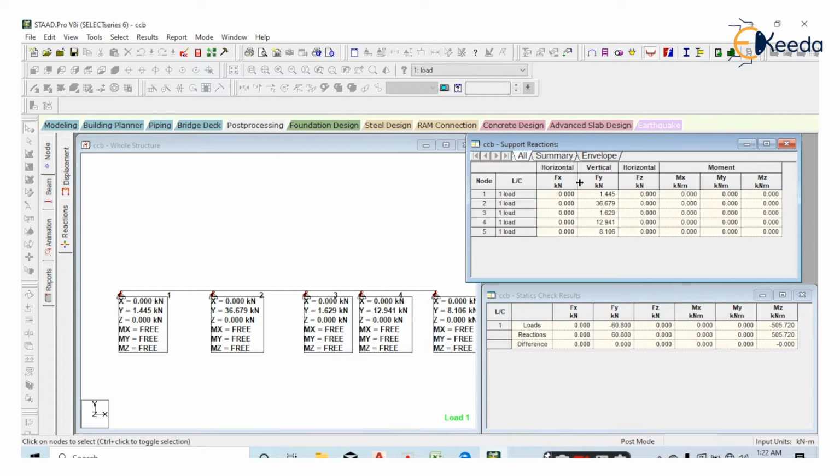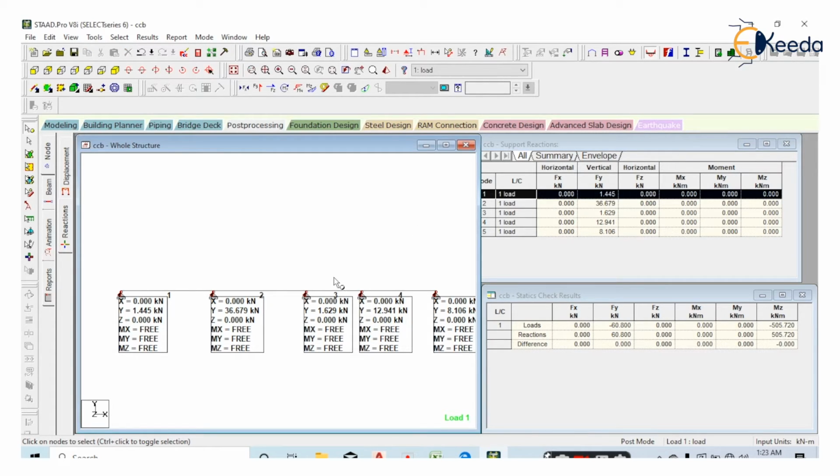Look at this table. There is the node number, load case, and a reaction, vertical reaction in Fy in kilonewtons. In first node, to show node number, just press shift plus N. This is your first node.